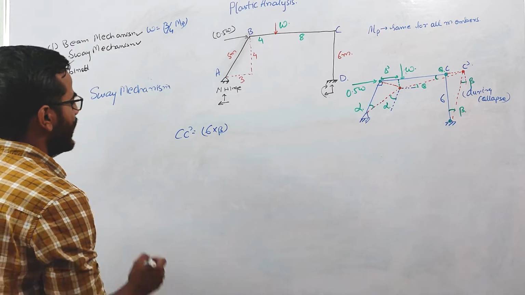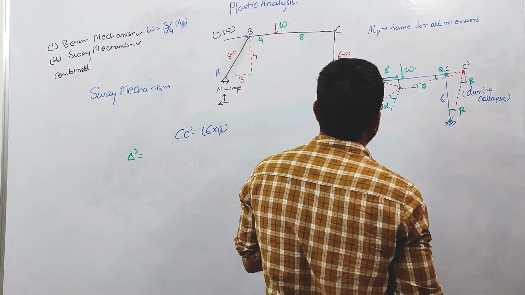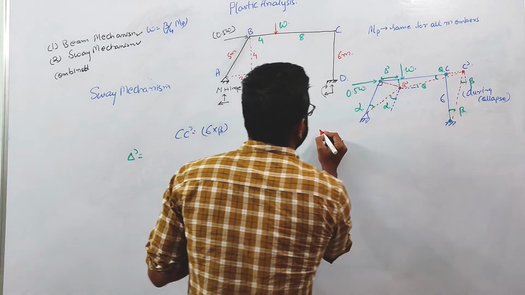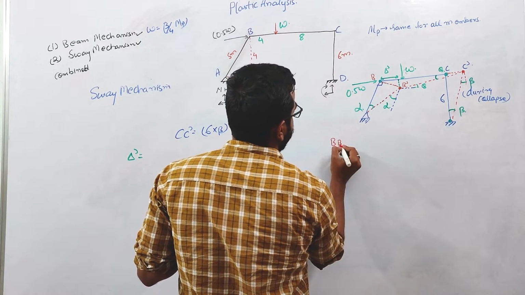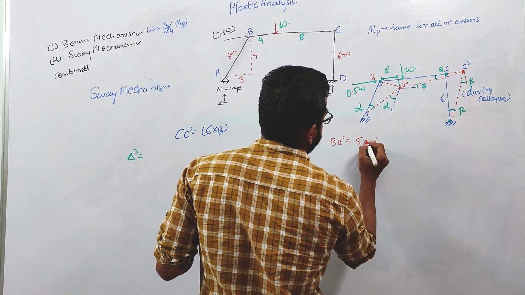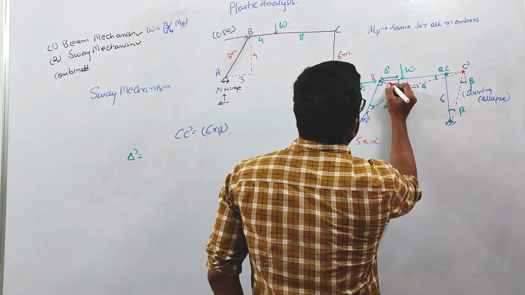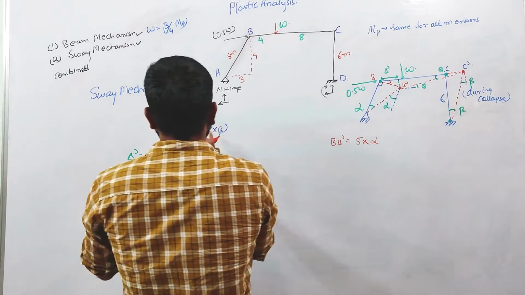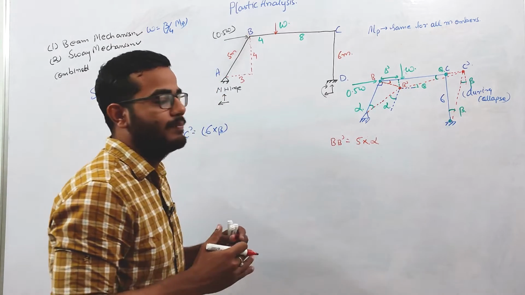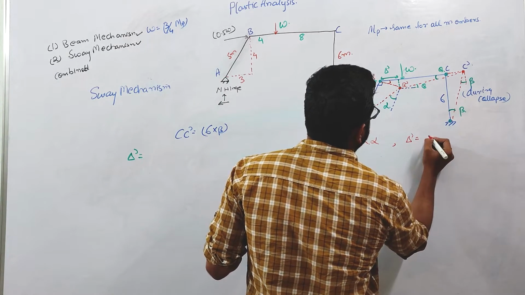This delta dash will be equal to BB dash, and BB dash I can write as 5 into alpha, if alpha is very, very small. So the component of 5 alpha in this direction will be equal to this 6 beta. In the horizontal direction, this shear displacement should be equal because the members are inextensible, so this delta dash should be equal to CC dash.